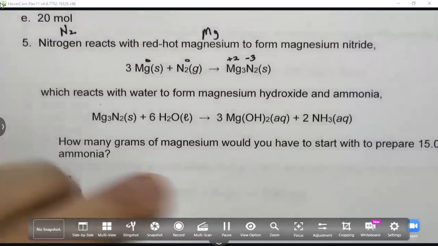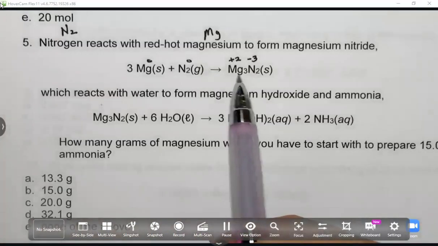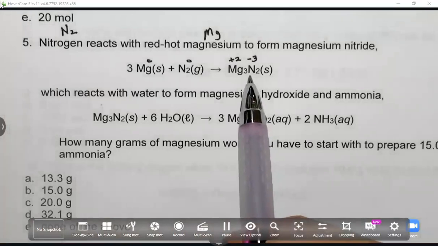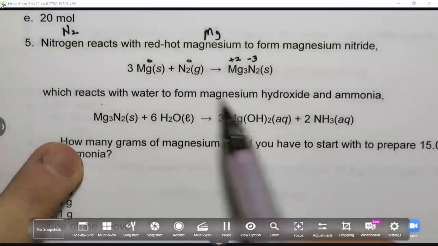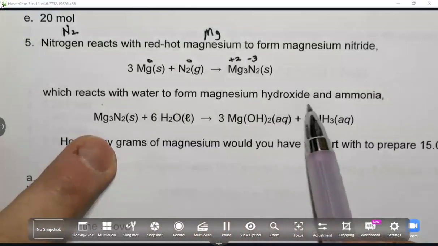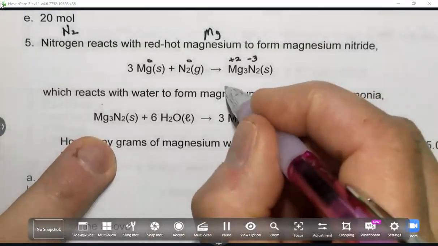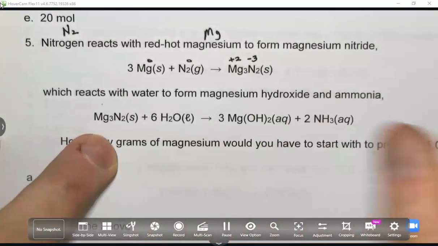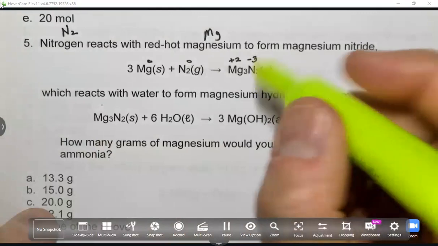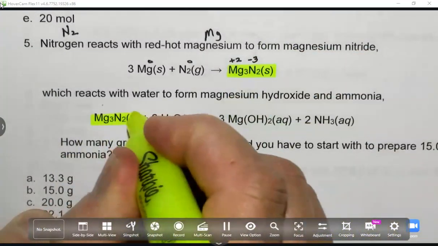Let's just review that. No charge, right? No charges here. +2, -3. Oxidation, reduction. Okay. Then this product reacts with water to form magnesium hydroxide and ammonia. So this product right here, my product from this reaction, is then reacted here.